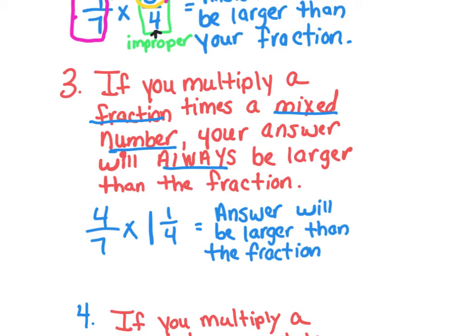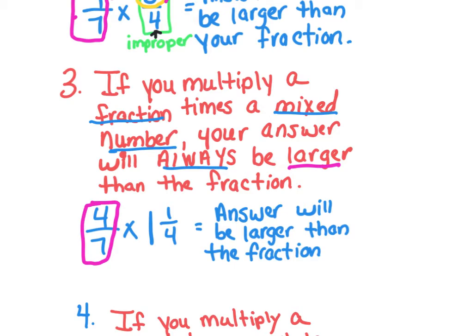If you multiply a fraction times a mixed number, your answer will always be larger than the fraction. Okay, 4/7 is my consistent fraction. 4/7 times 1 1/4. Well, you can easily see that 1 1/4 is a mixed number. That means you have a whole number and you have a fraction.